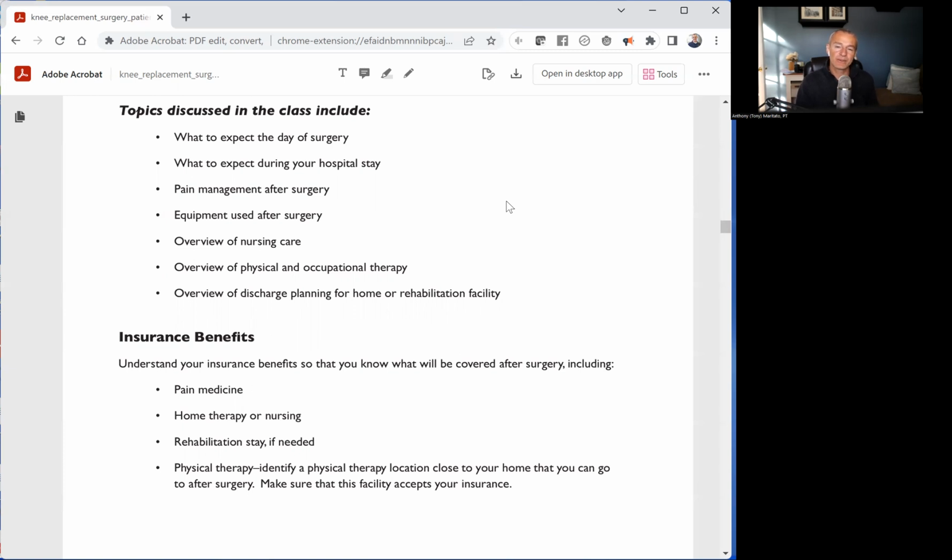An overview of the nursing care: what nursing is going to do, how they're going to follow up with you to make sure the incision and the wound is being dressed properly. You want to have your occupational therapy and physical therapy set up ahead of time. Most of the patients, once they go to outpatient therapy, they don't even consider occupational therapy.